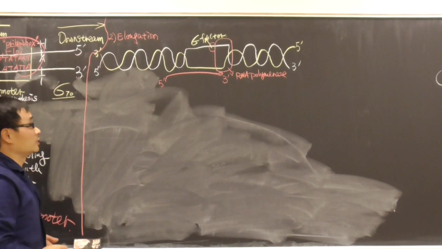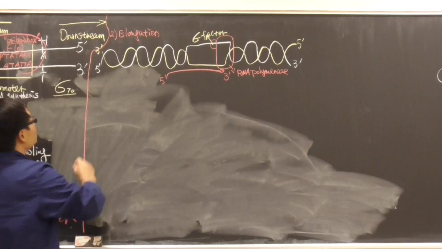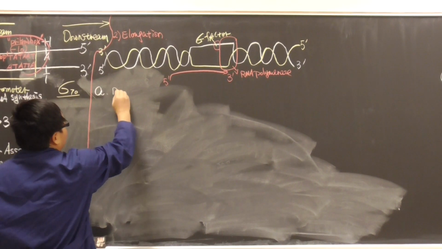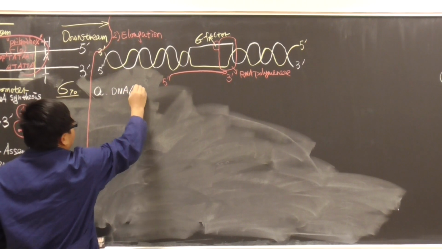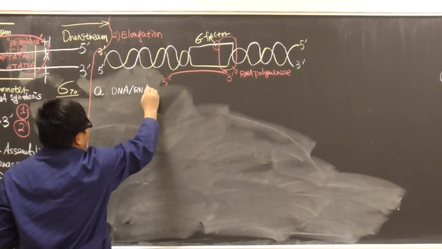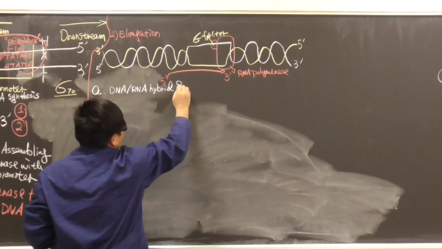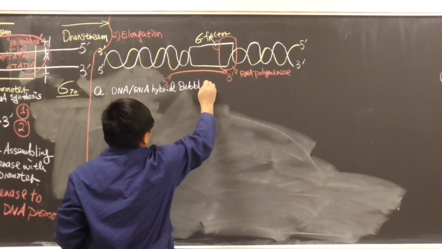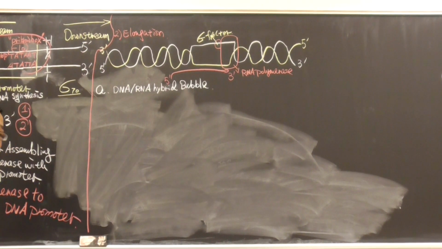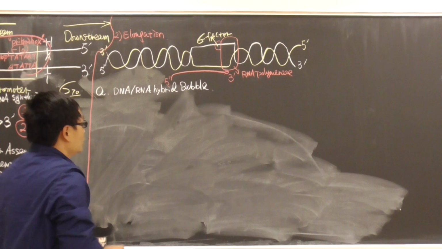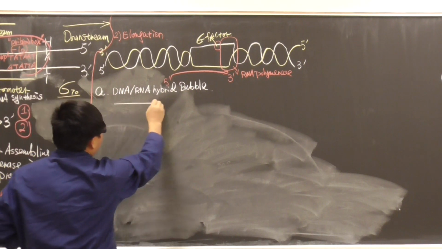So, at this moment, we will say number one. They are forming a DNA-RNA hybrid bubble. Now, what this means, if I take this part and move it here, you will see more clearly.